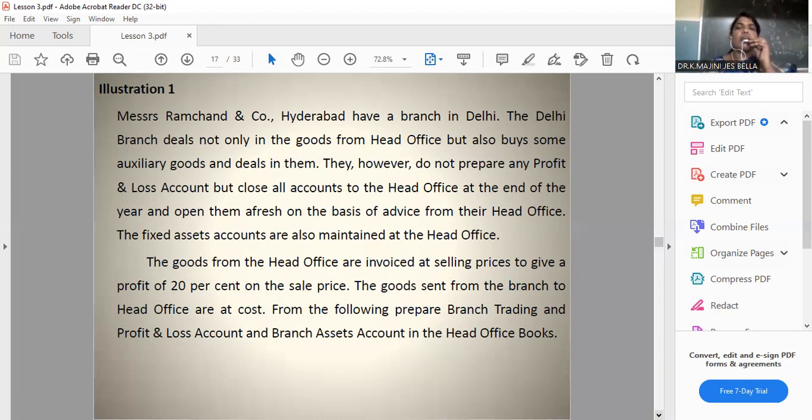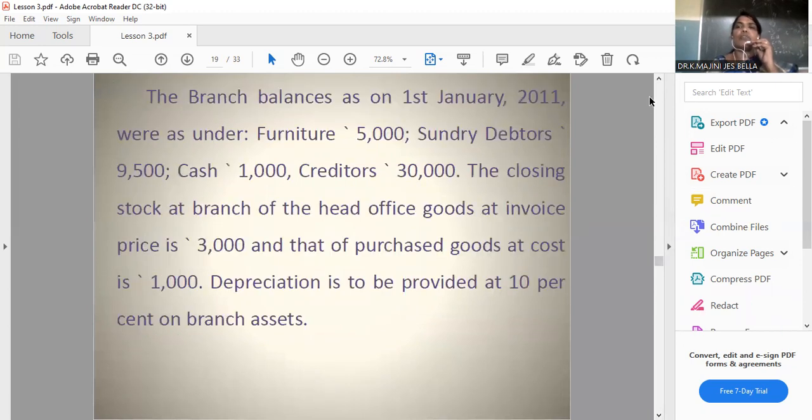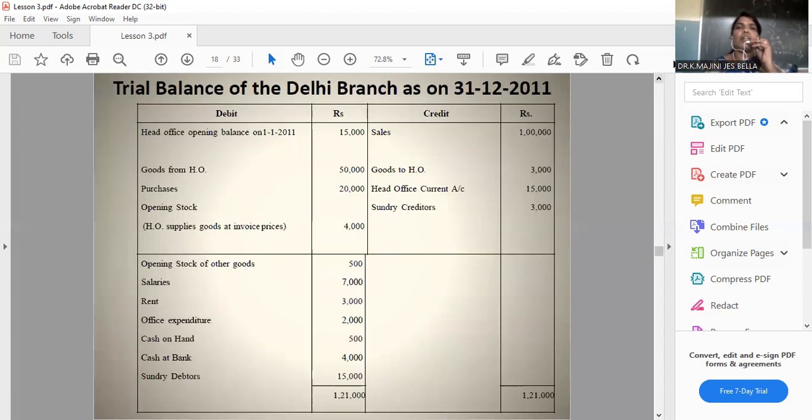From the following, prepare branch trading and profit and loss account and branch asset account in the head office books. Trial balance of the Delhi branch as on 31/12/2011.